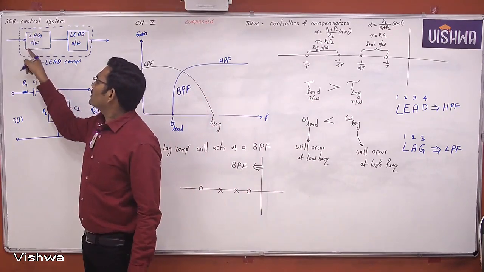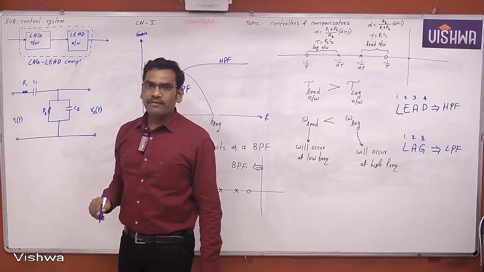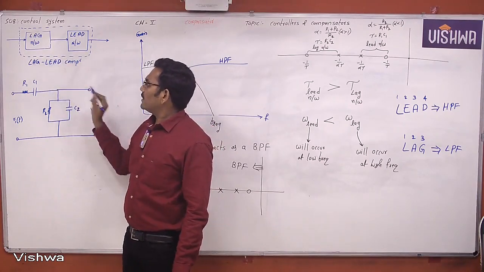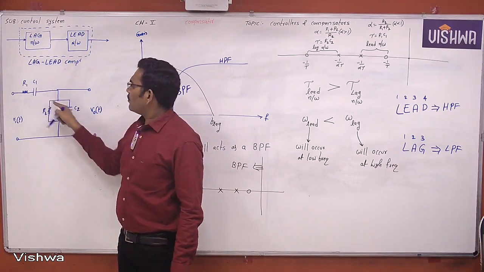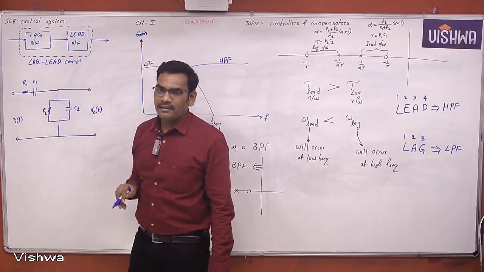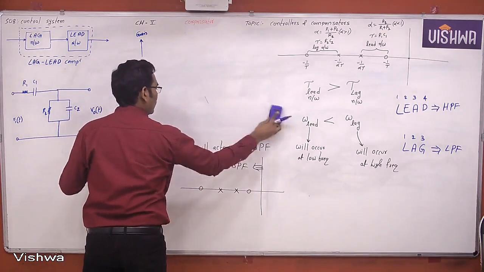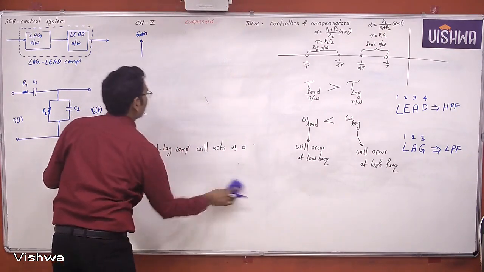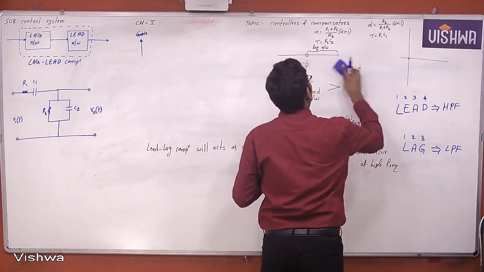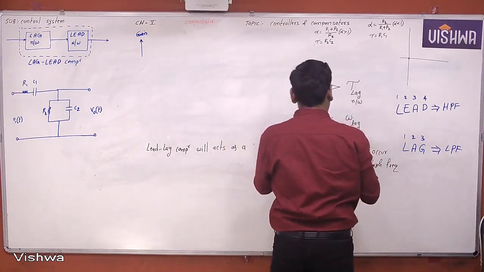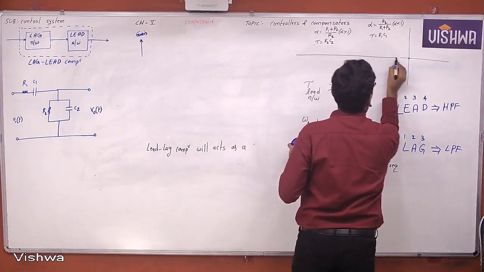Now this is the lag network and this is the lead network. This combination will act as a lag-lead compensator. Now we'll see. What is the first network? The first network is the lag network.